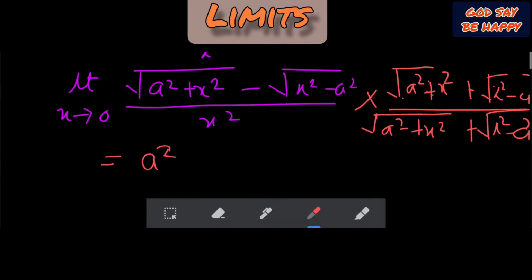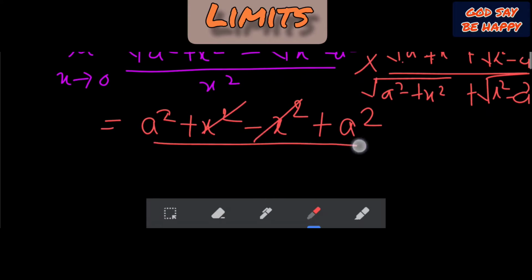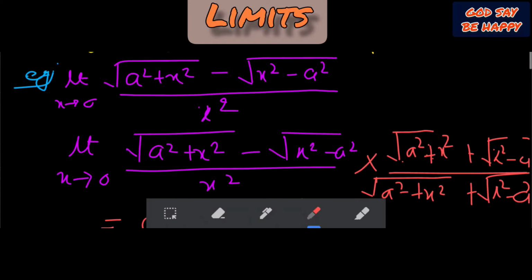So a square plus x square minus x square plus a square, x square cancelled, upon... I have a change in the question.